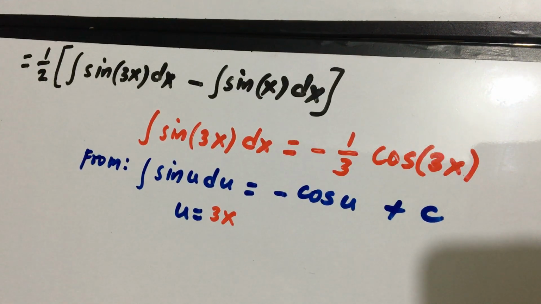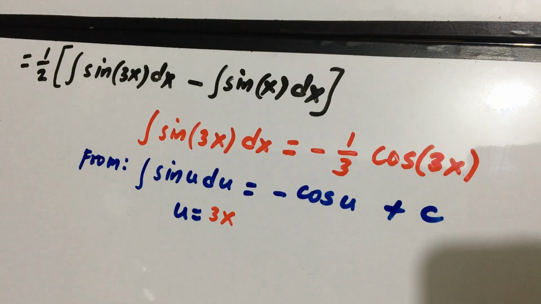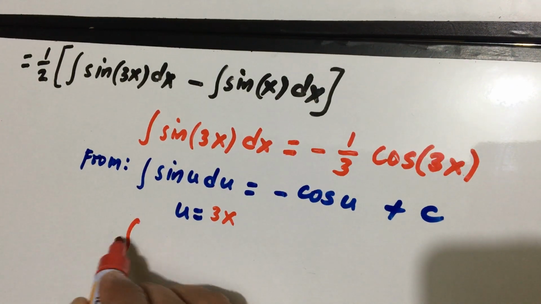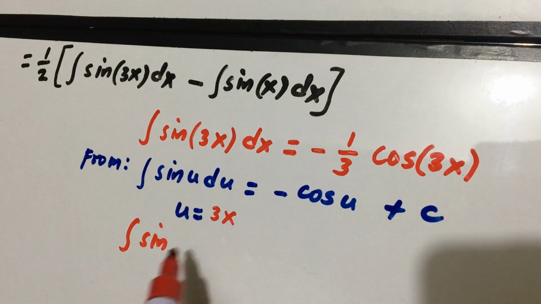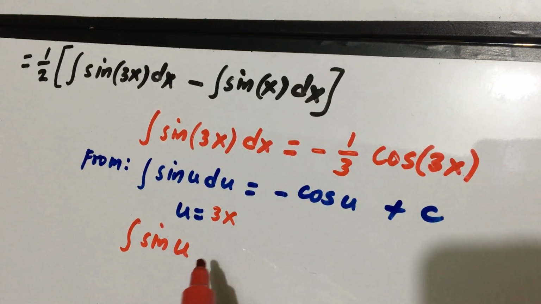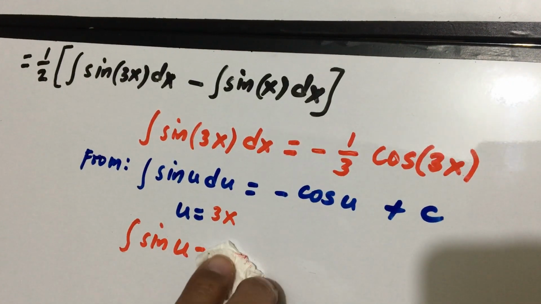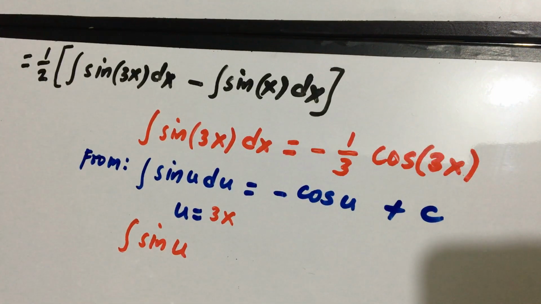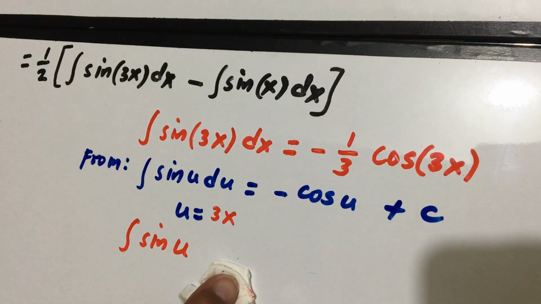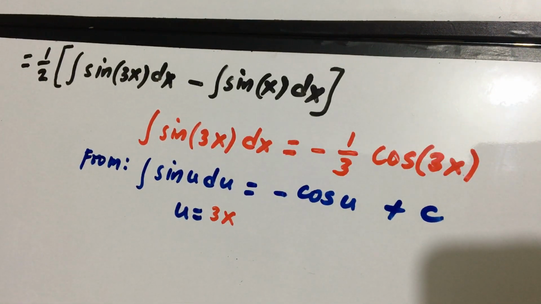Now we can substitute, no? The equation above can be written as the integral of sine, but we let this equal to u, so we have now sine u. If we replace 3x by u, then we also have to replace dx by du.